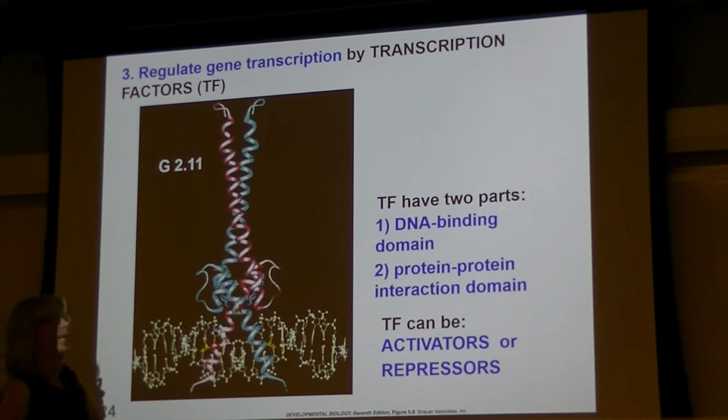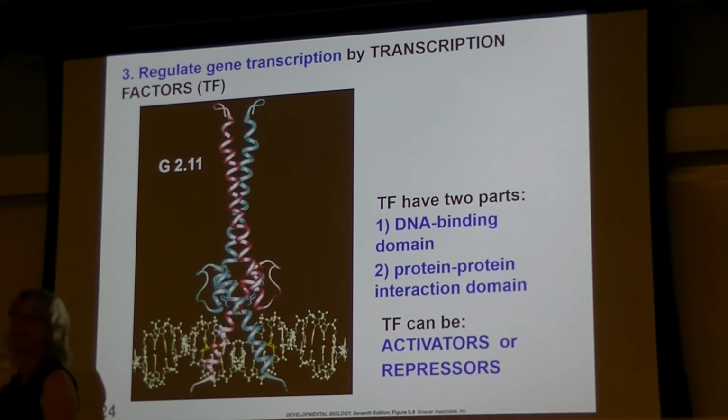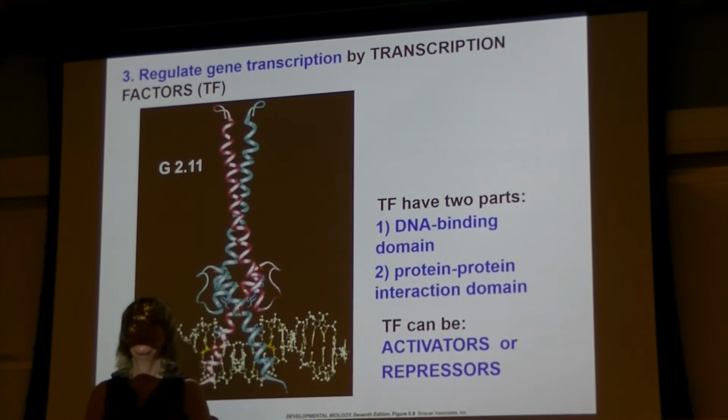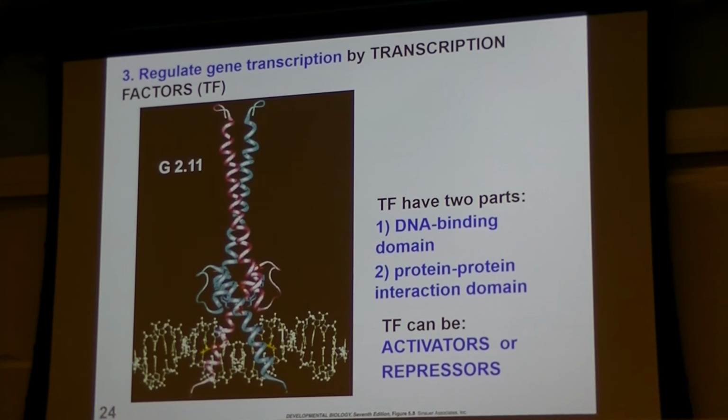But they may also interact with other proteins in the cell so that you can get a very fine-tuned type of regulation just using these transcription factors. And keep in mind, we usually think of transcription factors as activators that would start up transcription, but equally well, they could be repressing it. They could be turning that gene off, which might be really important for that cell at that time.